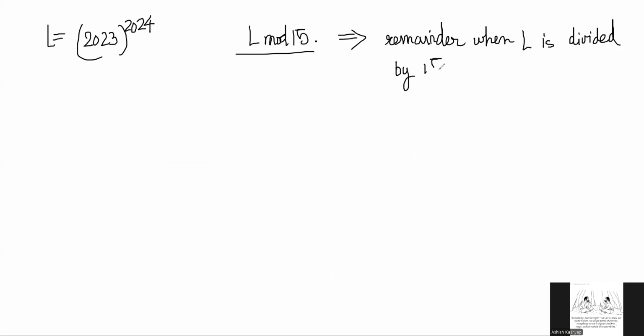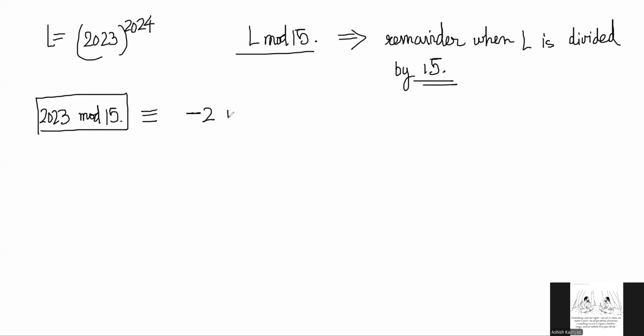Okay, so let's think about it. How do we do that, right? So what happens when you divide 2023 mod 15? When you do the mod 15 of 2023, you will realize that it is congruent to minus 2 mod 15.